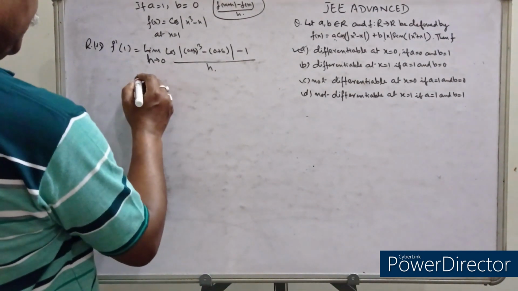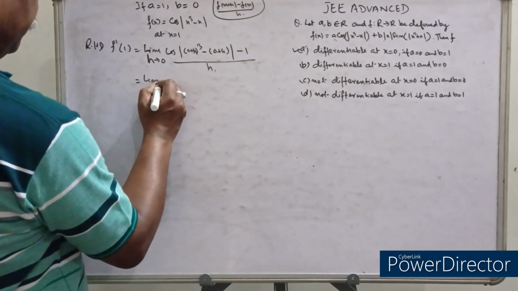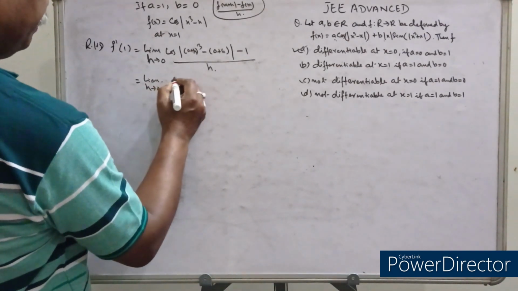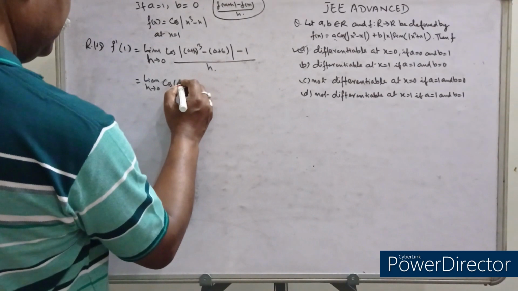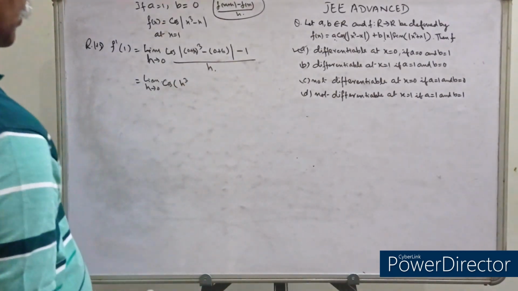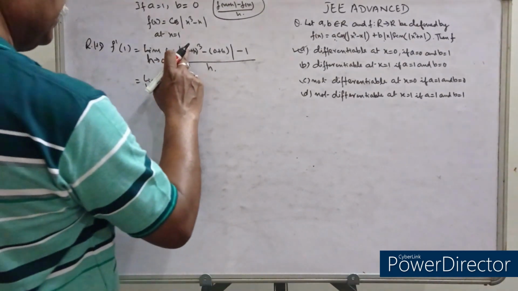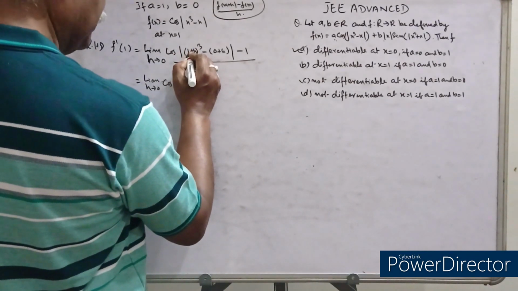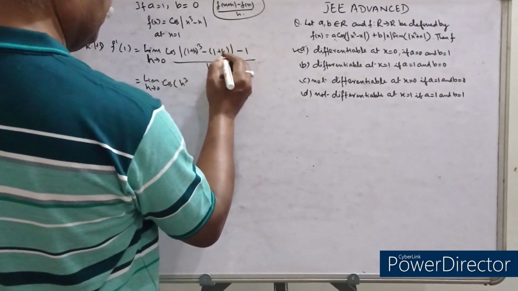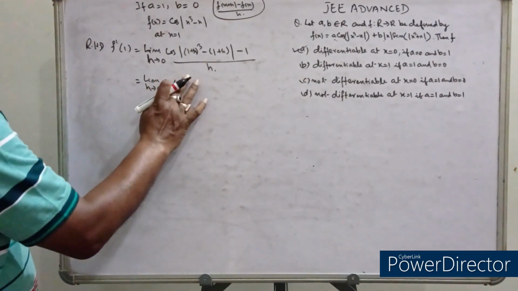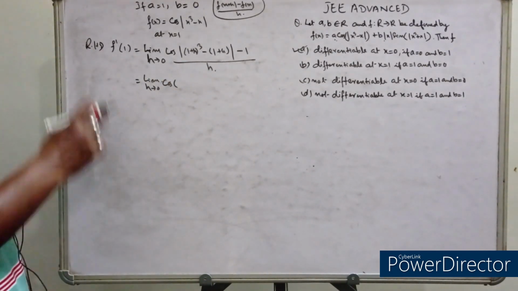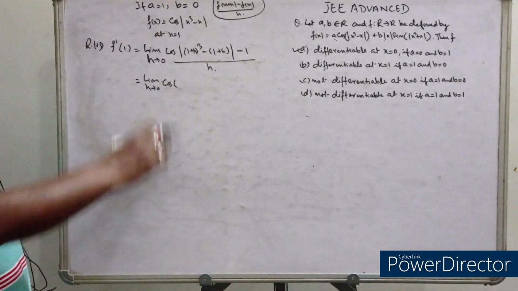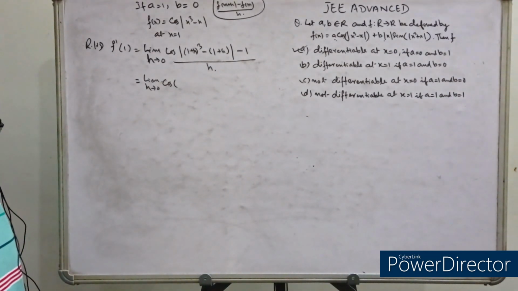So here you are going to get limit h tends to 0 cos, oh sorry, I am testing at x = 1, so this will be 1 plus h. Because I am testing the derivative at x = 1, it will be 1 plus h. Earlier it was at 0, so it was 0 plus h.